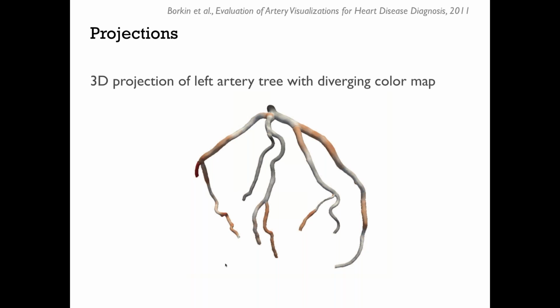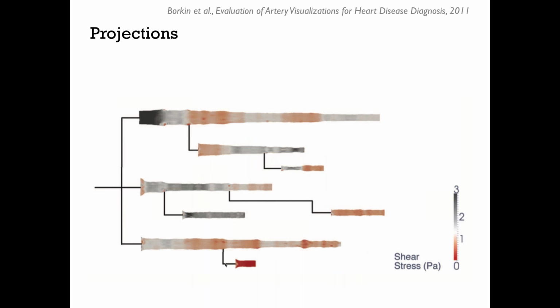So they came up with this very smart way of representing this artery tree, and that's this one. They created a two-dimensional representation that still has pretty much the same information in it. In addition to just showing a rectangle with equal height across the whole rectangle, they actually indicate the diameter of the artery by shrinking and scaling the height of the rectangle along the way.